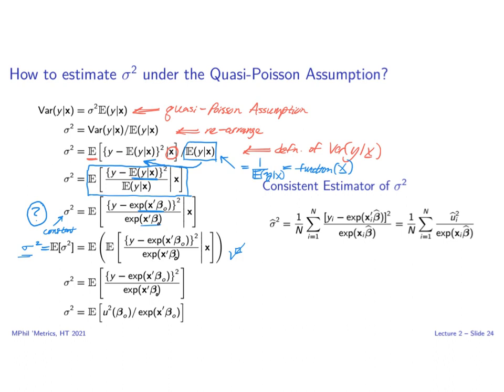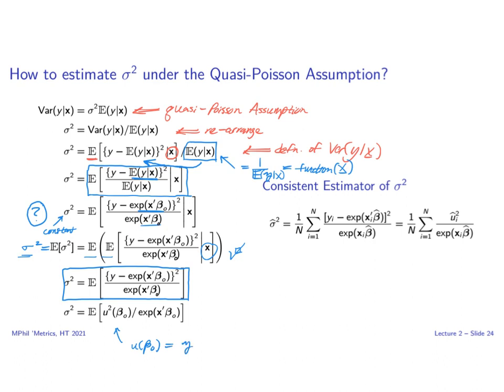So let's do that. Taking the expectation of the expectation given x of this complicated expression, by iterated expectations, we find that the result is sigma squared is equal to the expectation of the ratio of y minus e to the x prime beta naught squared over e to the x prime beta naught.